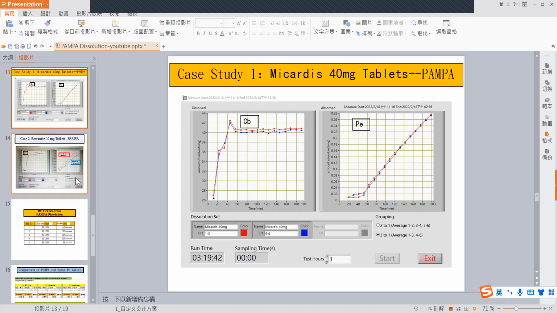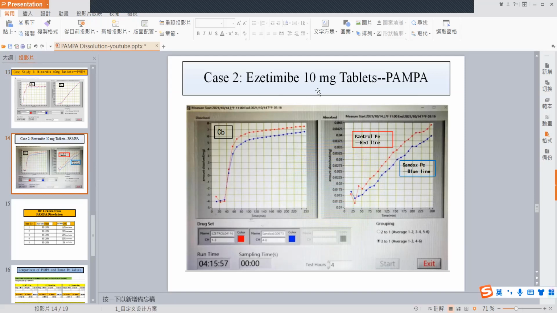Okay, so next, for the ezetimibe 10 milligram tablet for the PAMPA dissolution. As you can see, same graph for CB and PE. Here, the red line is the reference drug, and the blue line is the Sandoz drug. From this permeation, you can see the red line is the reference Zetia and the Sandoz drug, and they're fairly close slope-wise, right?